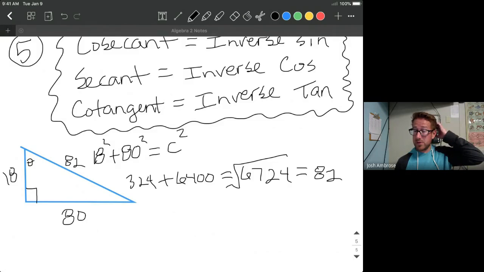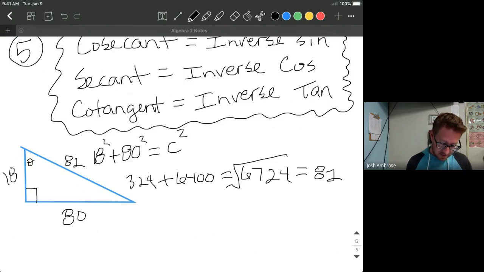Okay, so all 3 values need to be in there for you to calculate sine, cosine, tangent, and then do all their inverses. All right, so let's take a look at theta. Let's get the sine. Sine is opposite over hypotenuse. So we have sine is going to be 80 over 82.